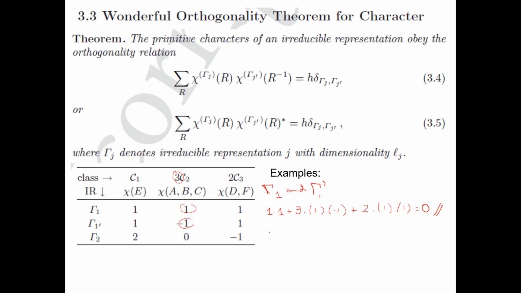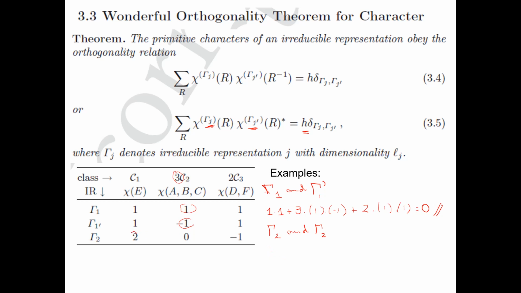Let's take now gamma 2 and gamma 2 as gamma j and gamma j prime. If you do that, since we are dealing with the same representation, the result should be equal to h, which is the order of the group, and it should be 6, right? So let's see.